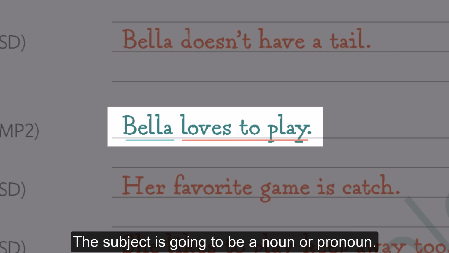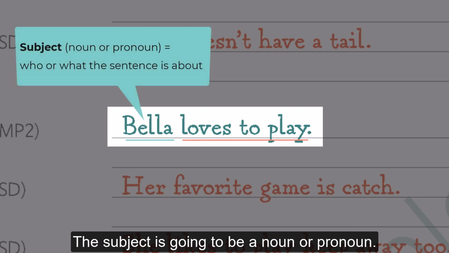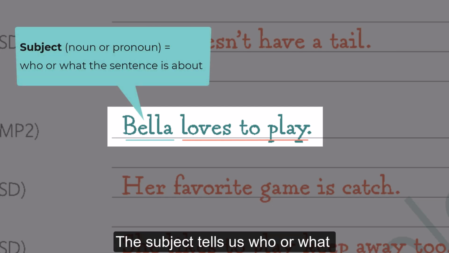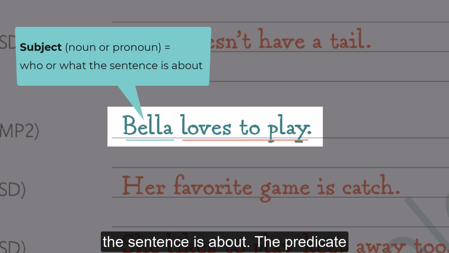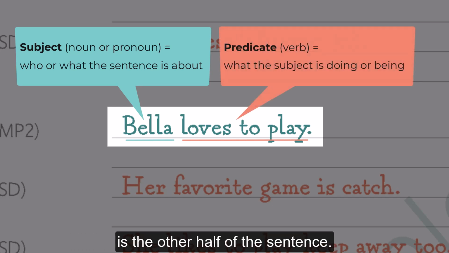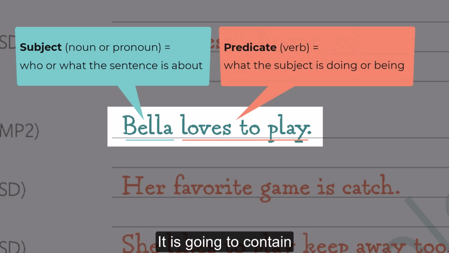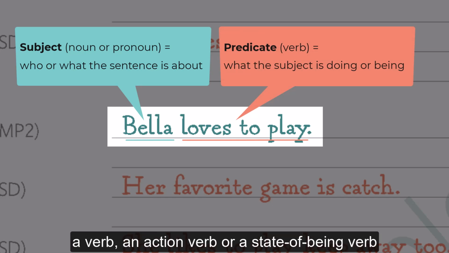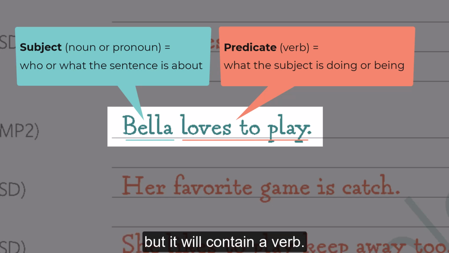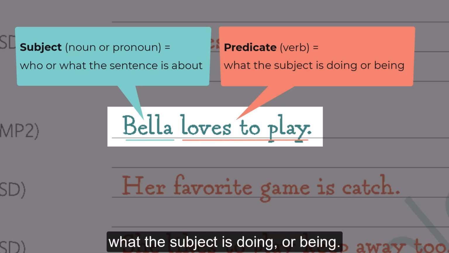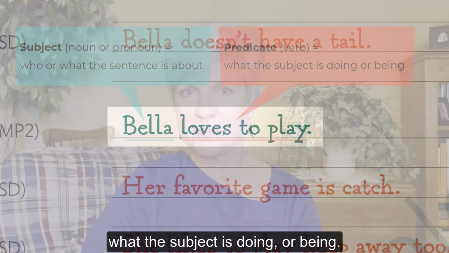The subject is going to be a noun or a pronoun. The subject tells us who or what the sentence is about. The predicate is the other half of the sentence. It is going to contain a verb, an action verb or a state of being verb, but it will contain a verb. And it is going to tell us what the subject is doing or being.